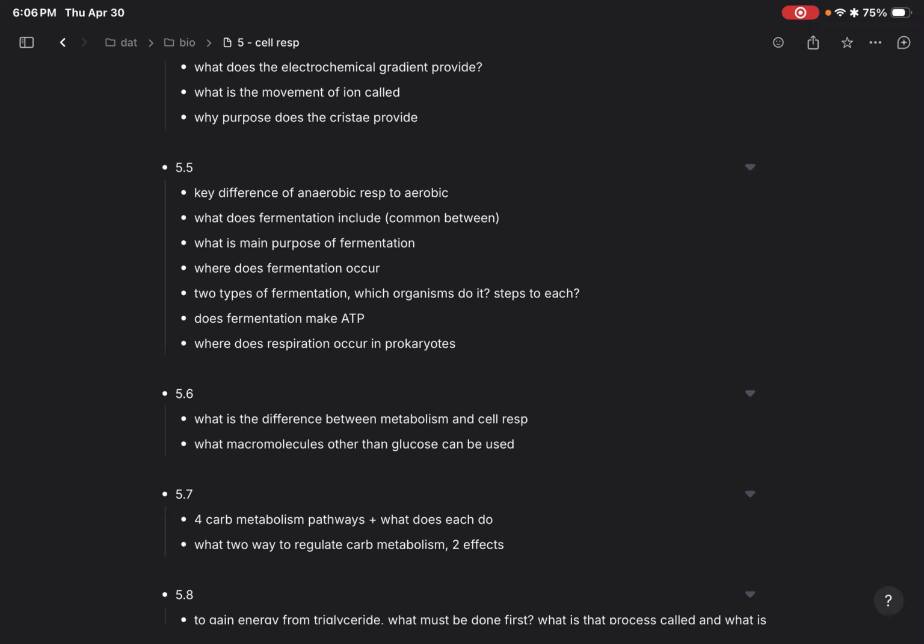NAD+ is replenished and able to be utilized in glycolysis. Lactate is transported to the liver. Okay, I know that, but how does it happen? So 2 pyruvate plus 2 NADH form 2 NAD+ plus lactic acid. Lactic acid will go to the liver to complete the Cori cycle and form glucose.